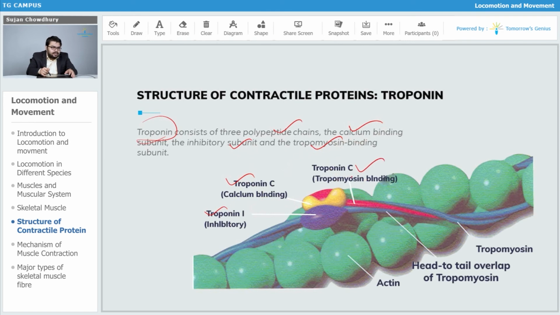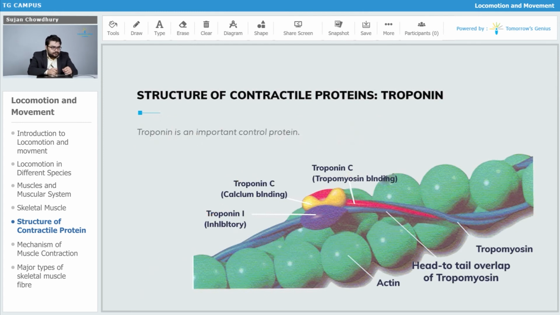So troponin definitely is a very important component of the muscle fiber, as it is having different binding sites for characteristic functions. The troponin is an important control protein. Yes, it can control the activity of muscle fibers by alteration in its structure. So yes, this is very important.